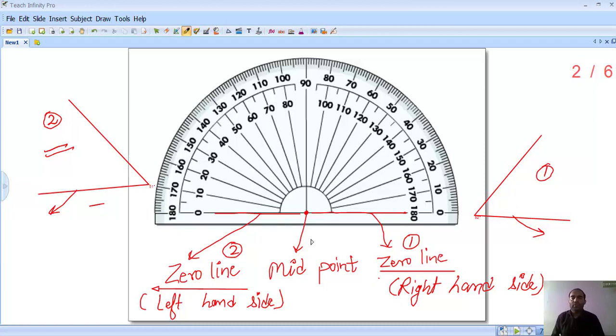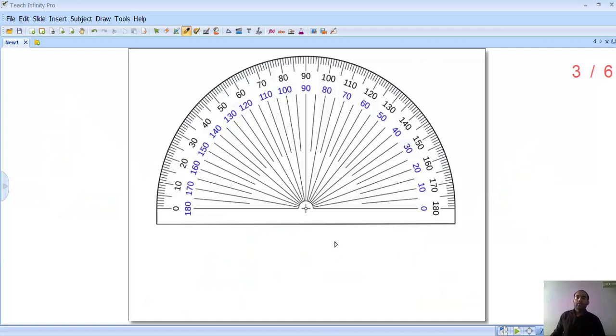Now you can understand what the midpoint is, what the zero line is, and which one you are going to use. Let me show you one more protractor. You may have this type of protractor. For this type of protractor, where is the midpoint?